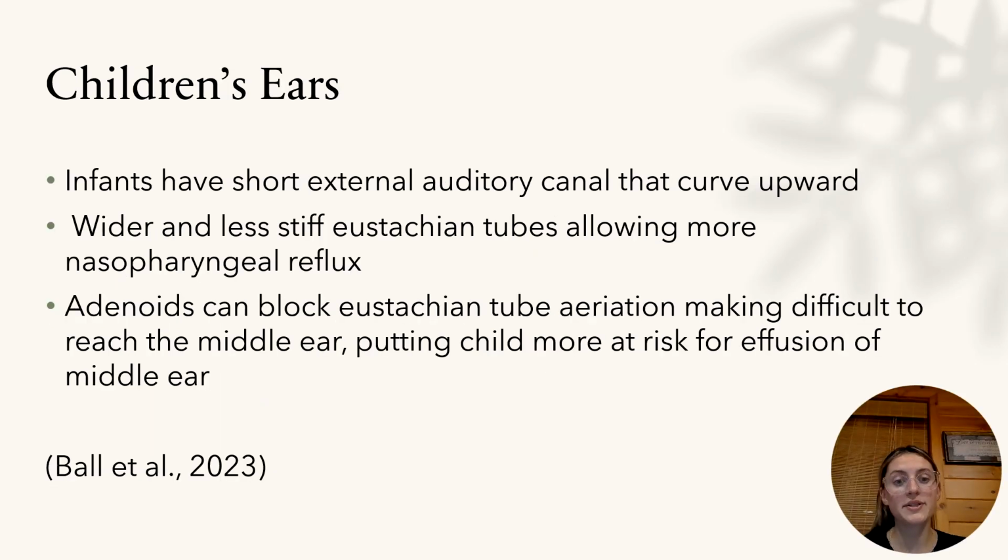So for children's ears, infants have short external auditory canals that curve upward. They also have wider and less stiff eustachian tubes, allowing more nasopharyngeal reflux. And then adenoids can block eustachian tubes aeration, which makes it difficult to reach the middle ear, which puts the child more at risk for an effusion of the middle ear.